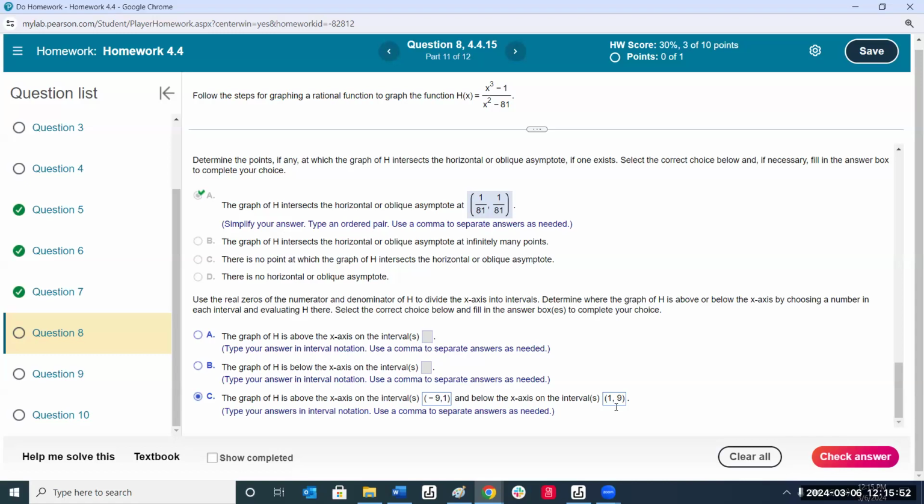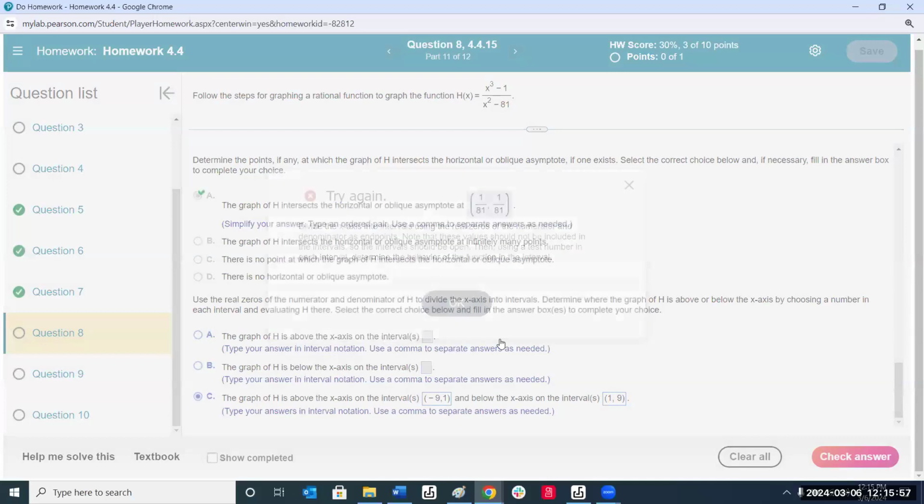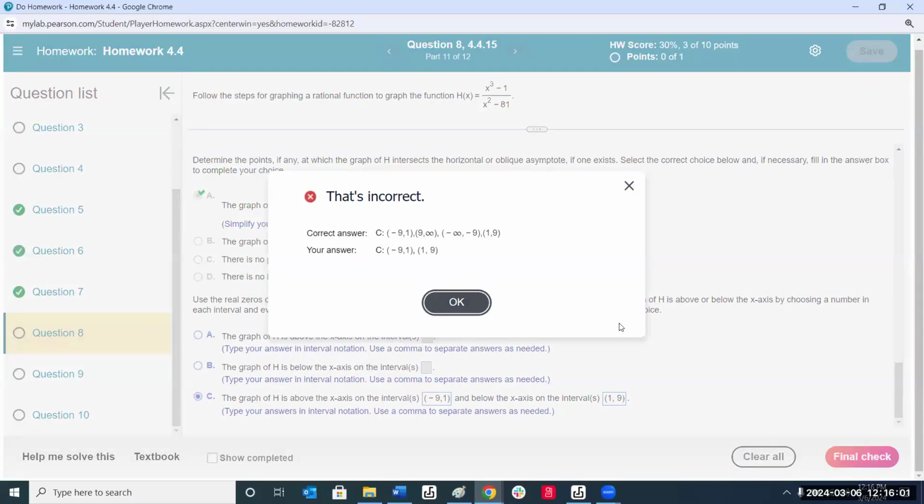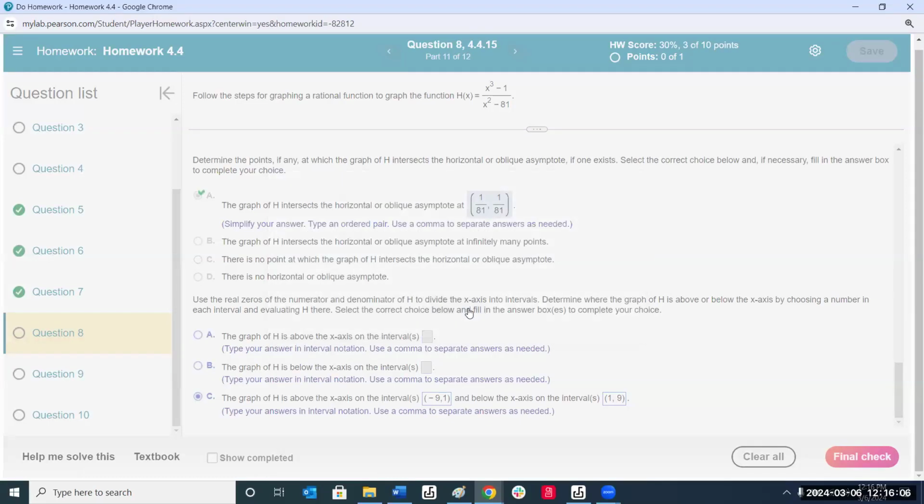And below the x-axis was 9. It's something like this.